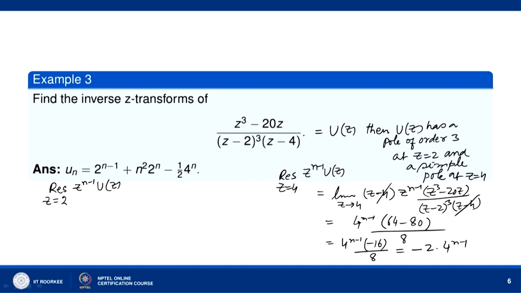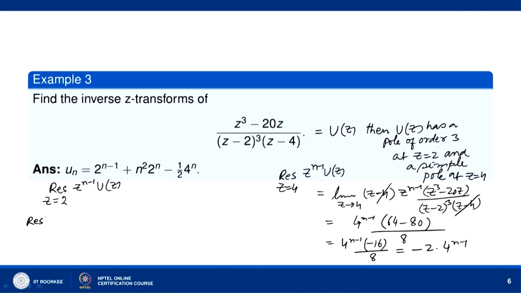So, we know that the residue in case of a pole of order more than 1 is found by using this formula, residue of f z at z equal to, suppose z naught. The formula is 1 over m minus 1 factorial limit z tends to z naught d^(m minus 1) over dz^(m minus 1) of z minus z naught to the power m into f z.